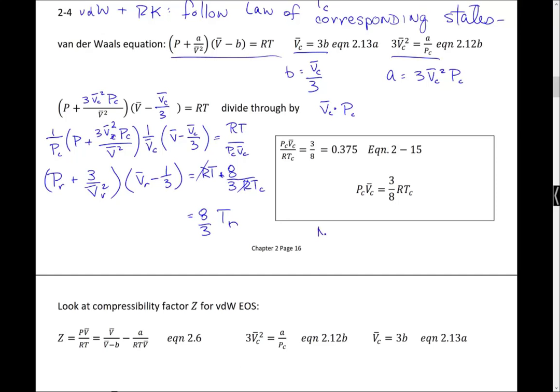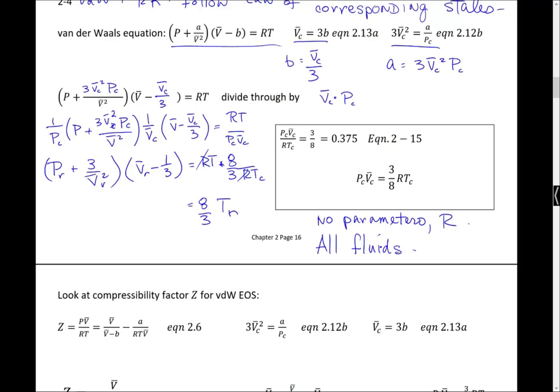Okay? So no parameters. No R. All fluids. Okay? Does that make sense?